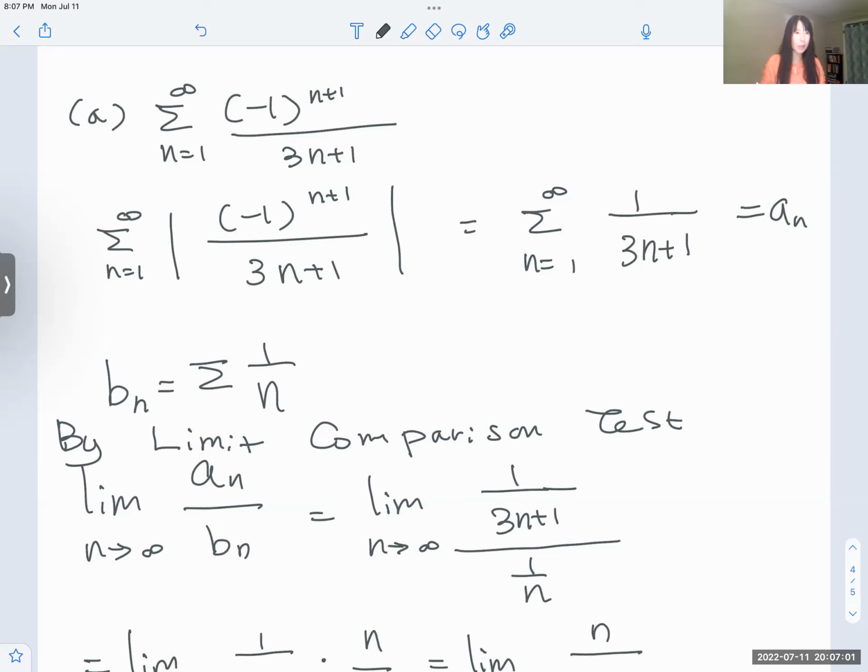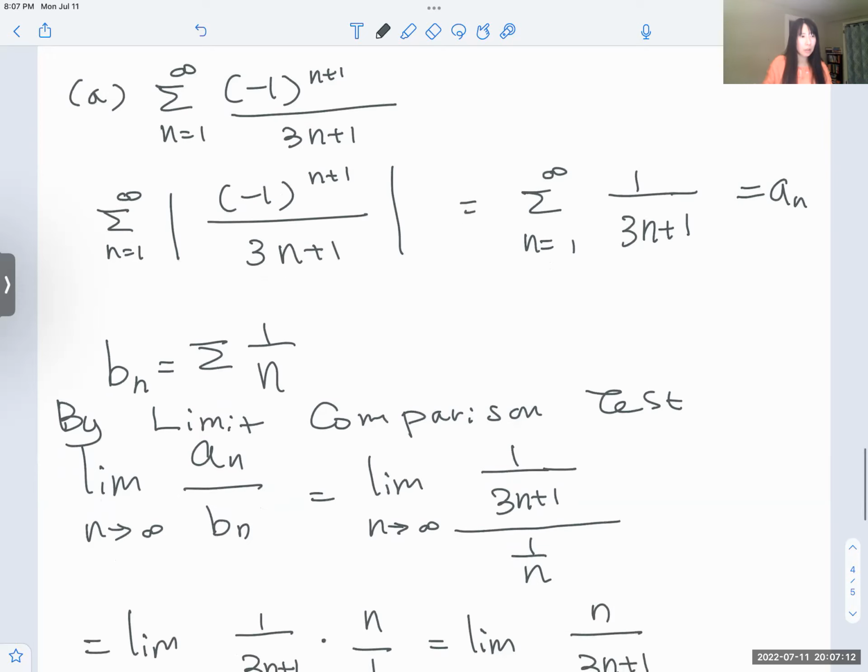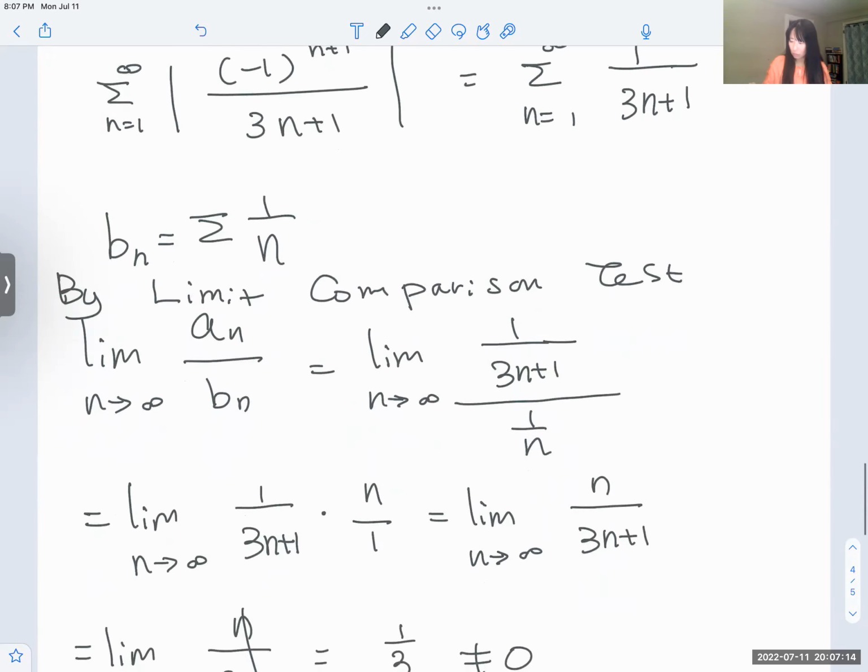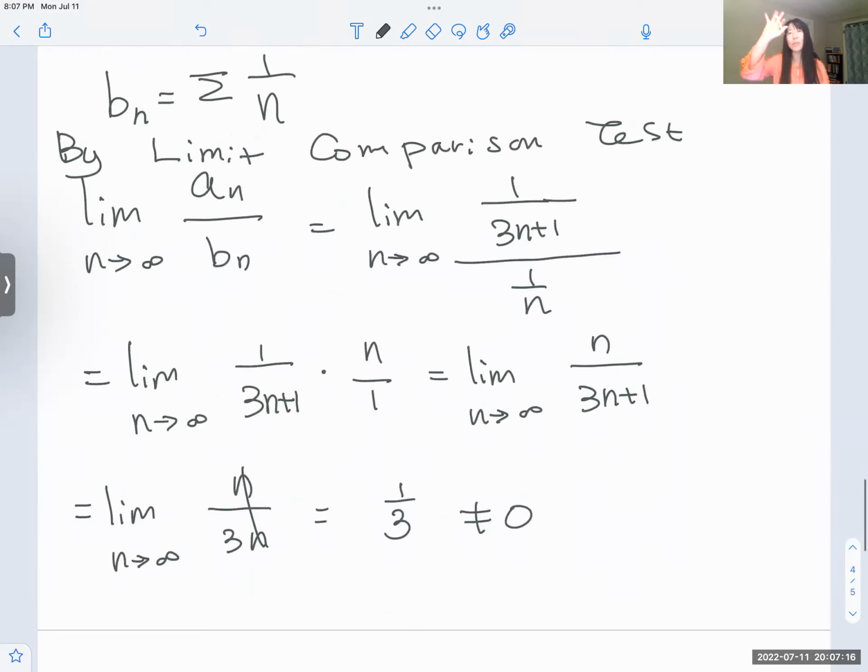Converges or diverges? Converges. Hold on 1 second. We're not doing that. So 1/3.